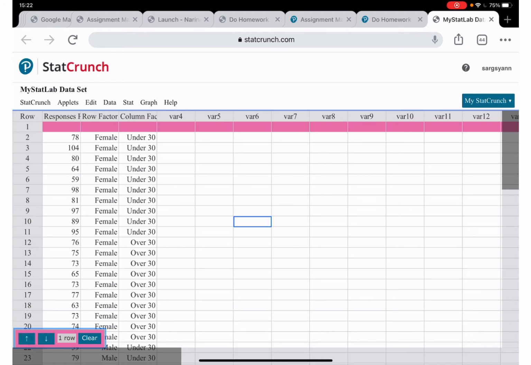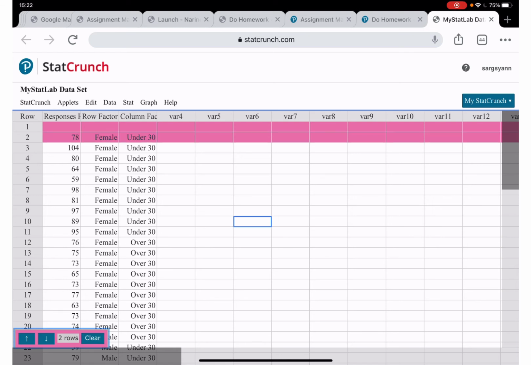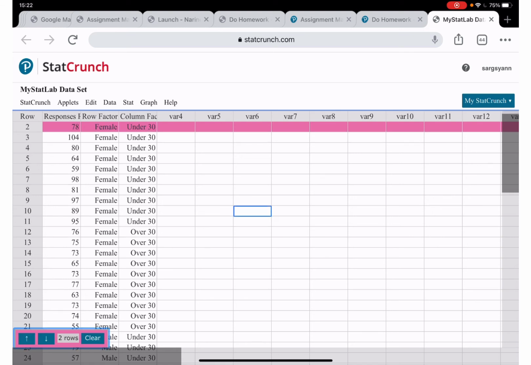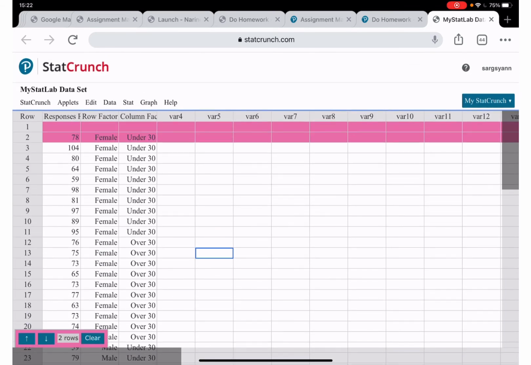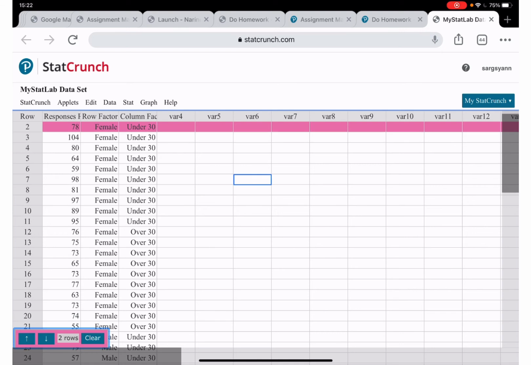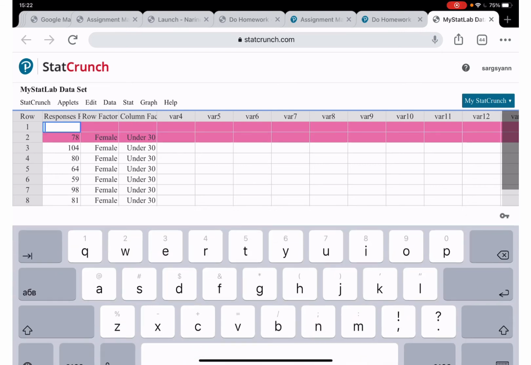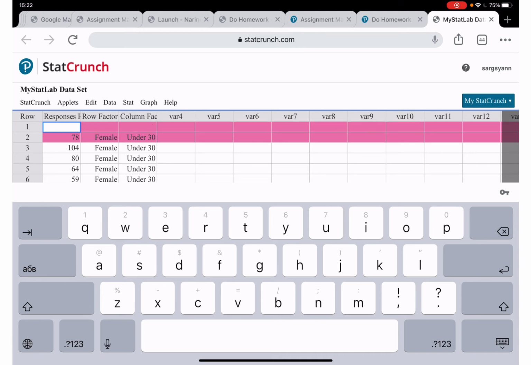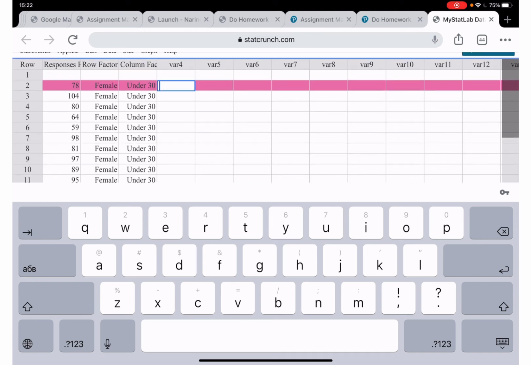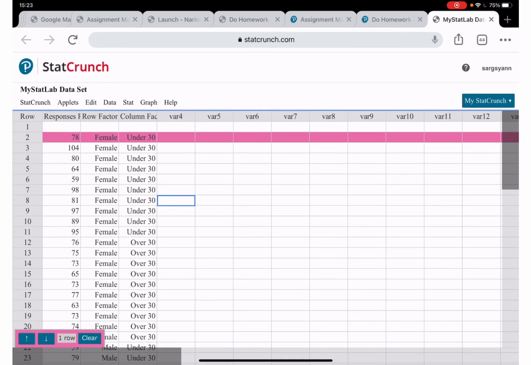Okay, let me put this row 2. Move up. So what you do, you click on row 2, since row 1 is becoming available. Oh, no, it didn't do anything. Okay, let me go ahead without it. It's still going to this one. Okay, never mind. I can't get rid of it.